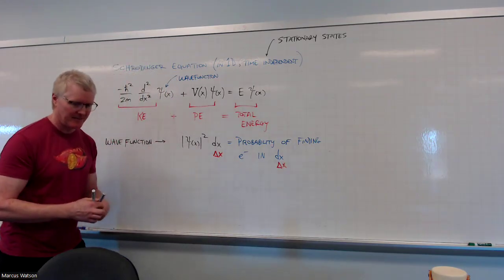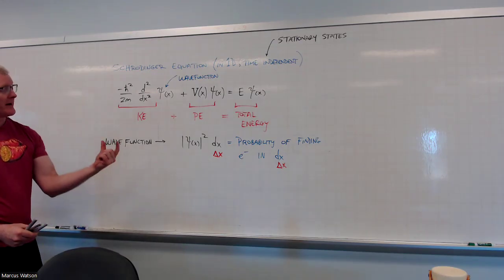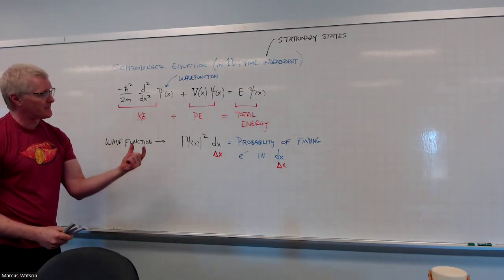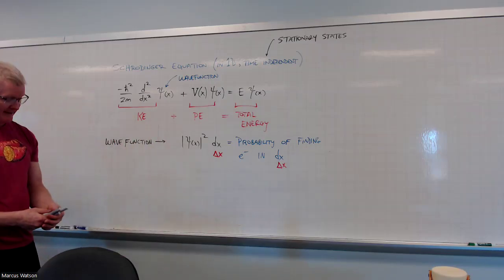And that's why I said the measurement part. If you want an actual finite space, psi squared times a delta x is the probability of finding the electron in that delta x.